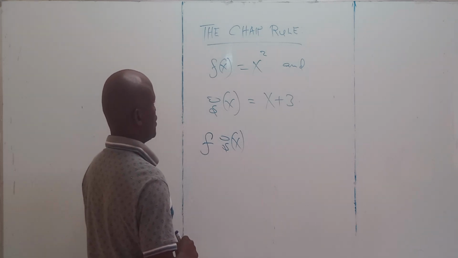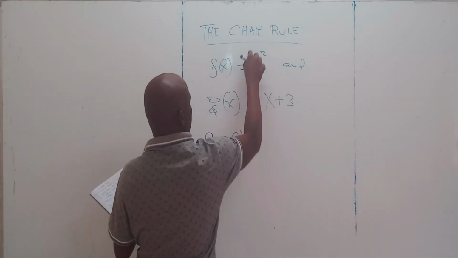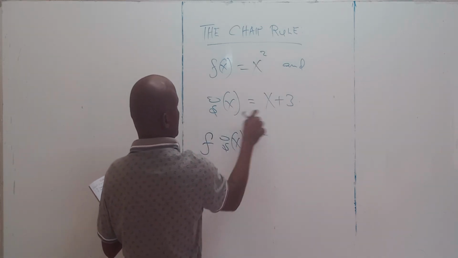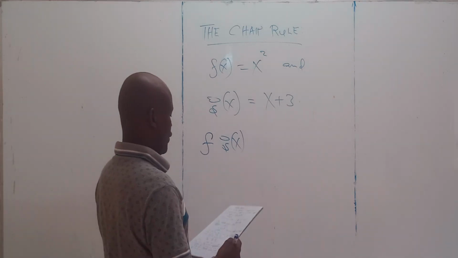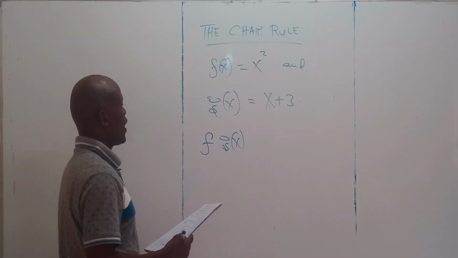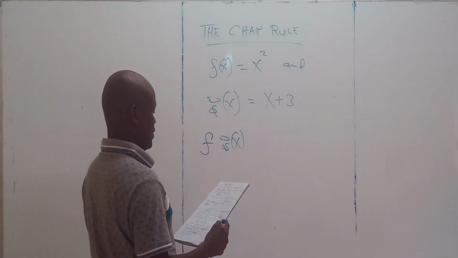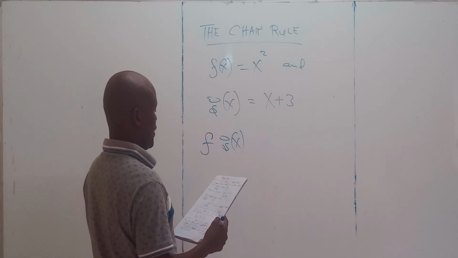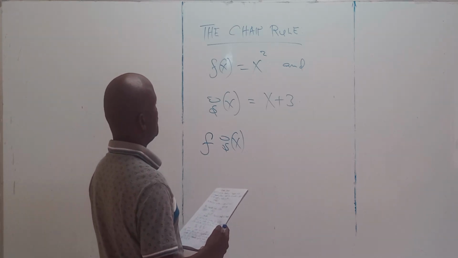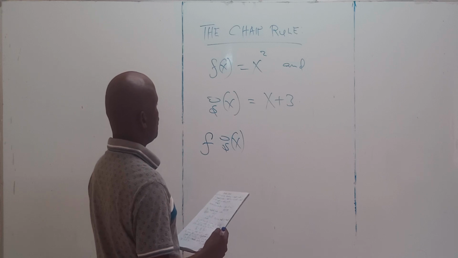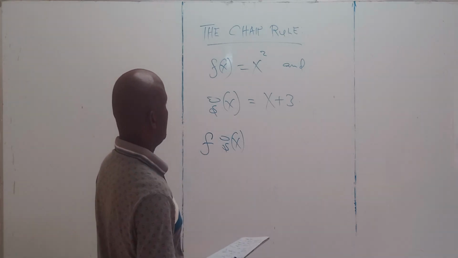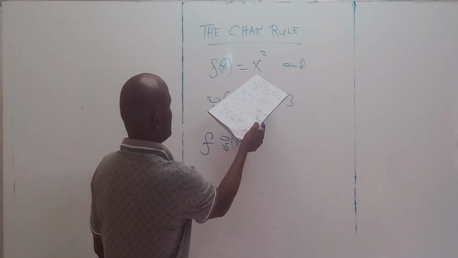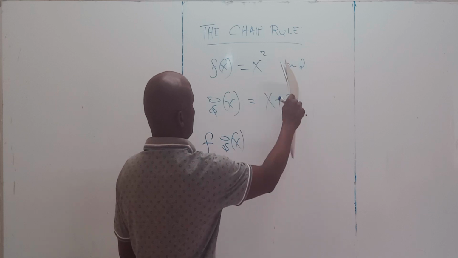Here we see that f of x is given by x squared, and g of x is given as x plus 3. Now, for us to work out this particular question, if we say f of g of x, then what we want is that where there is x, we put the whole of this.